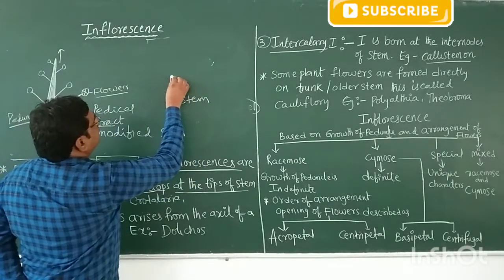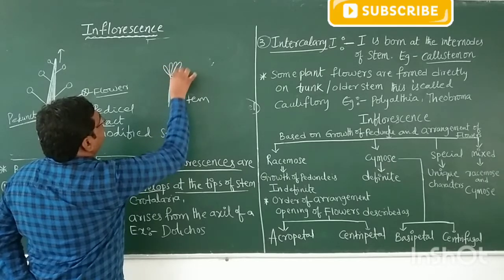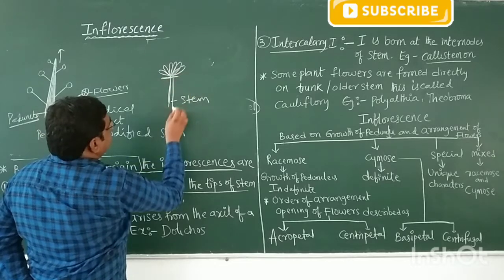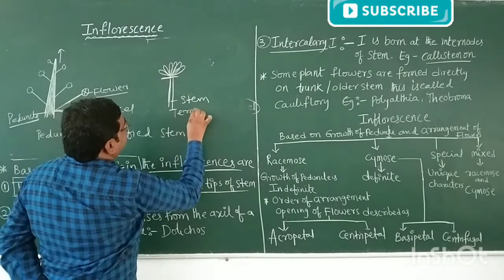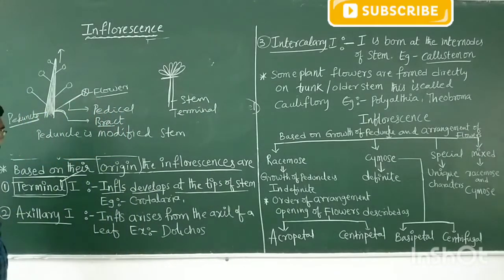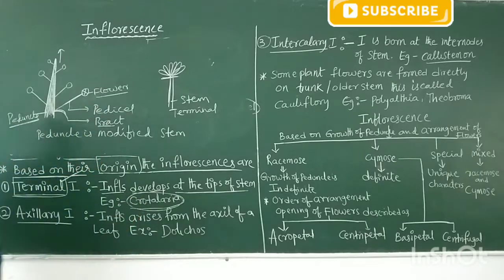At the tip of the stem, the group of flowers is developed. This is called terminal inflorescence. Example: Crotalaria juncea. This is an example for the terminal type.